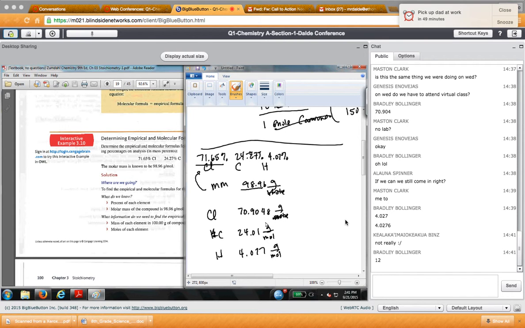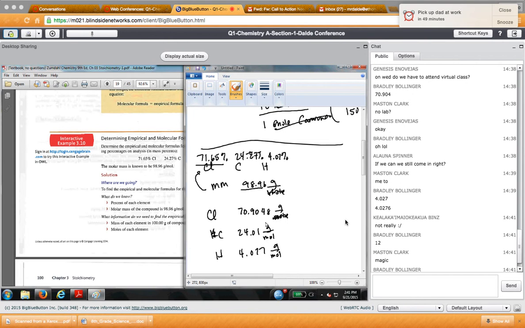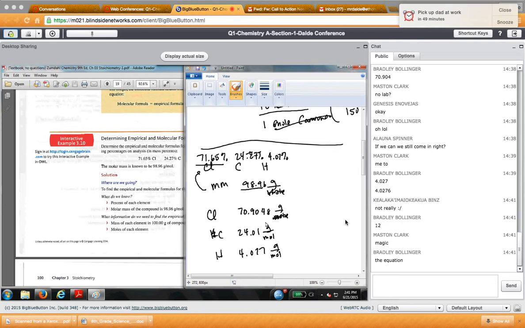But Bradley is saying that that represents 12 moles of chlorine. Bradley, how are you getting that number? Magic. The equation. Which equation? What are you talking about?